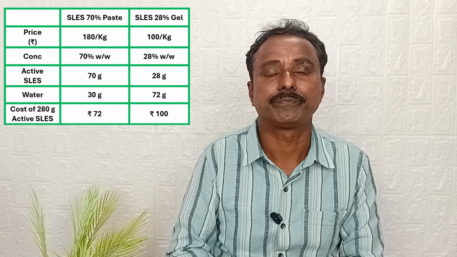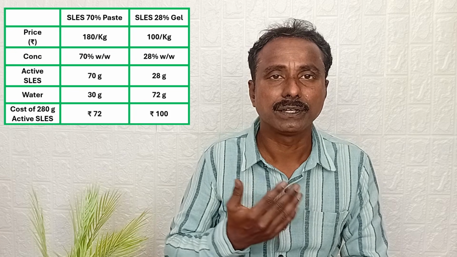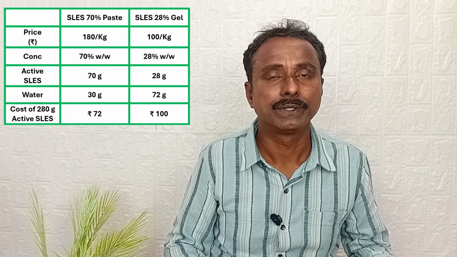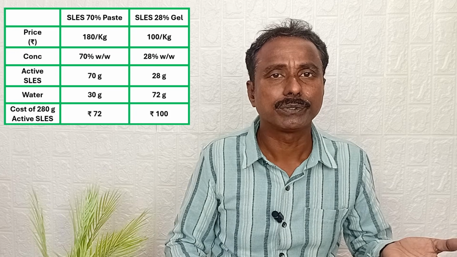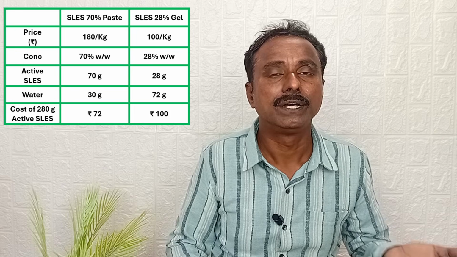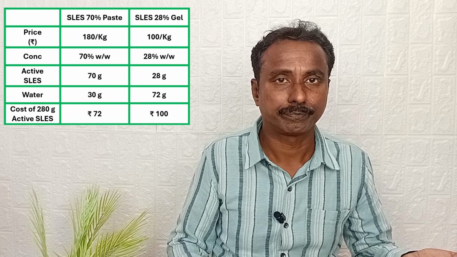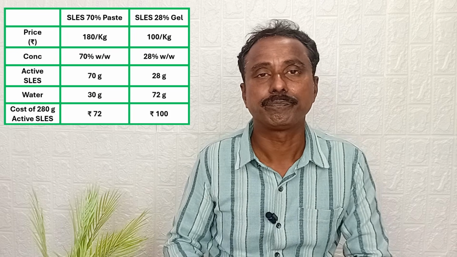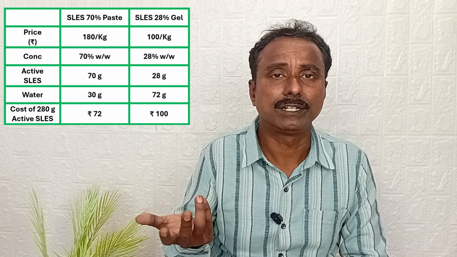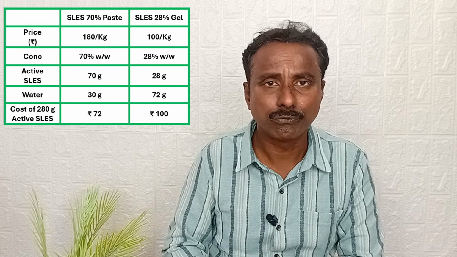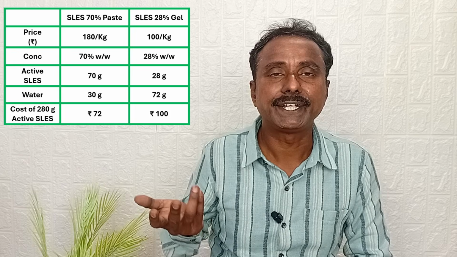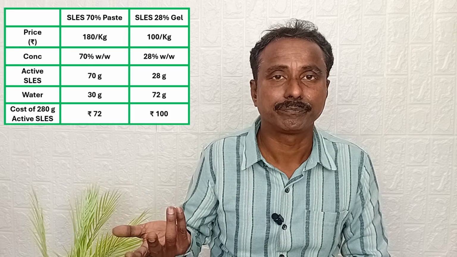That is the difference. In our process, just imagine we need to use 1 kg gel. So we need 280 grams of active SLES, and we need to spend 100 rupees. But in paste, 70 grams of active SLES is available in 100 grams. Just by using 400 grams of paste, we can get 280 grams of active SLES.